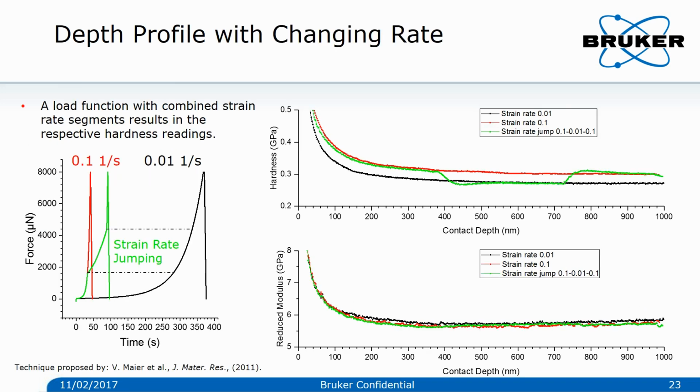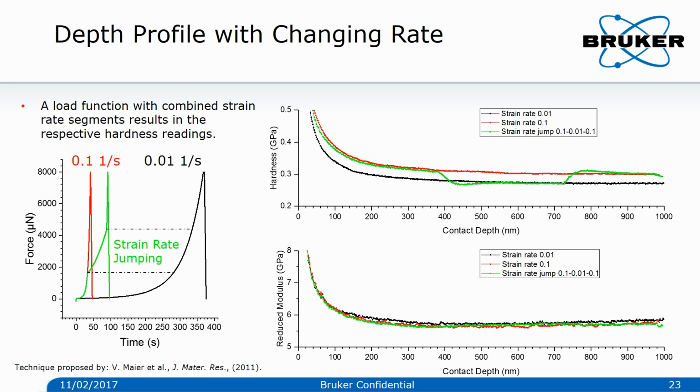If we are changing the exponential profile of the load function and we switch between a fast strain rate of 0.1 per second to a slower strain rate of 0.01 per second during the experiment, we are able to observe that the stress under the indenter is responding to the different strain rate.